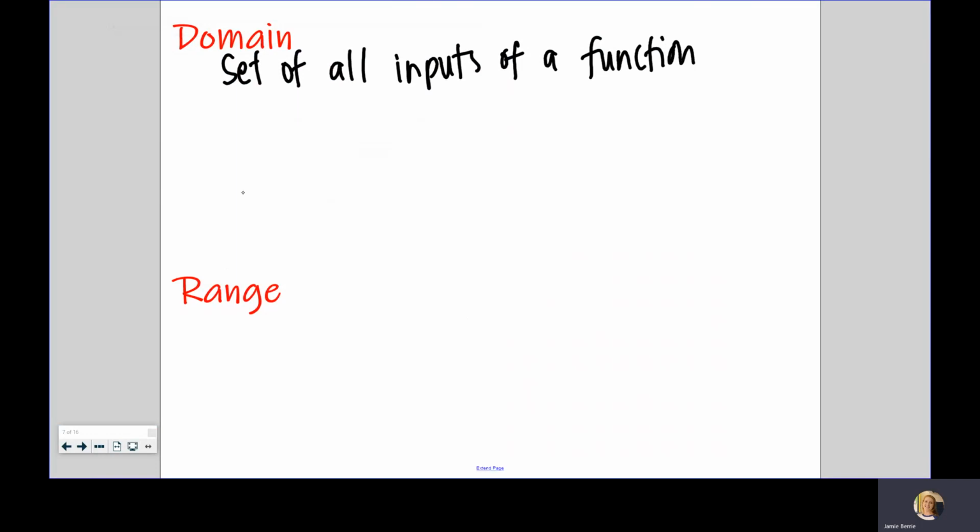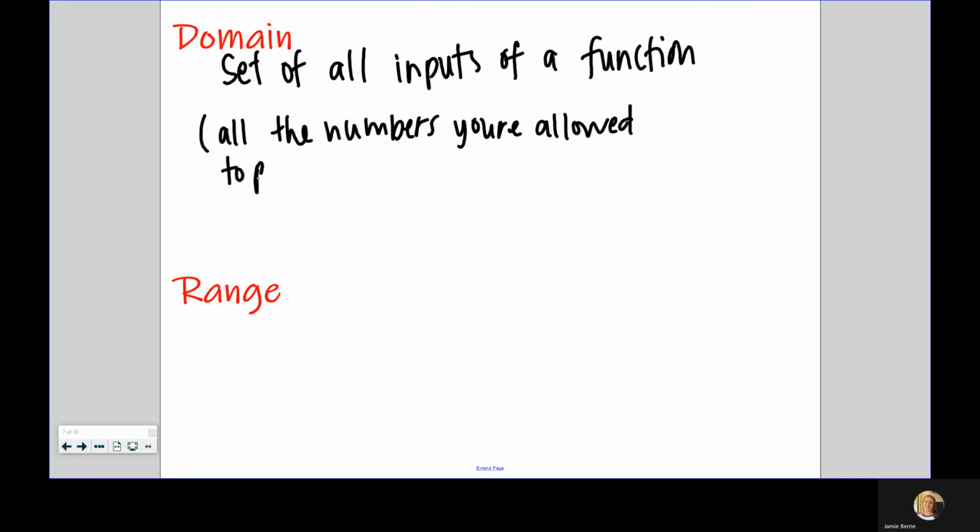So in layman's terms, this is all the numbers you're allowed to plug in, or all the numbers that it makes sense to plug in. So all the numbers you're allowed to plug into the function.